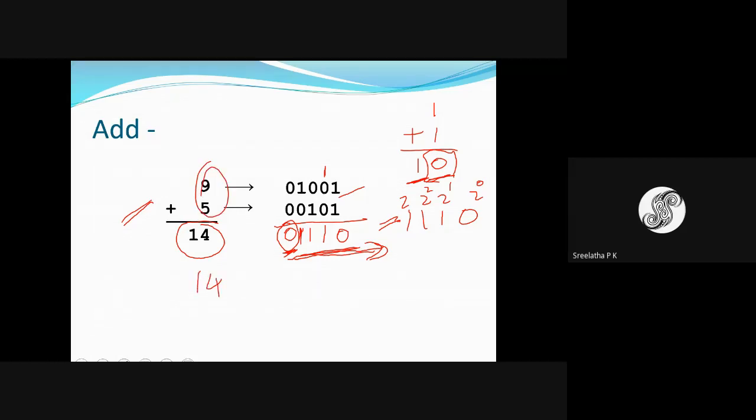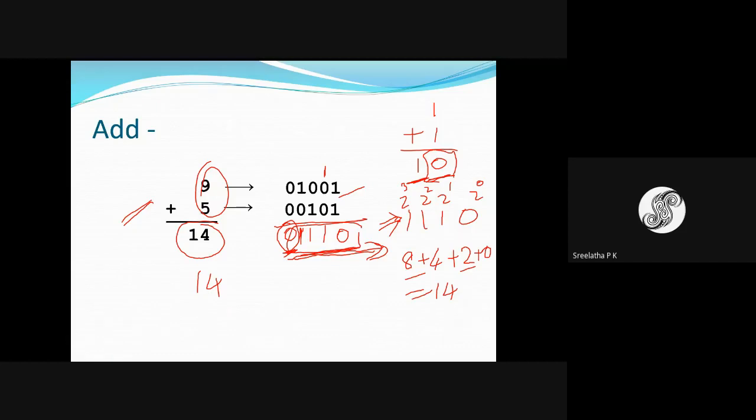So whether the bit pattern you have got is correct or wrong, you can check like this. So 1 into 2 power 3 is 8, plus 1 into 2 power 2 is 4, plus 1 into 2 power 1 is 2, plus 0, that is 14.